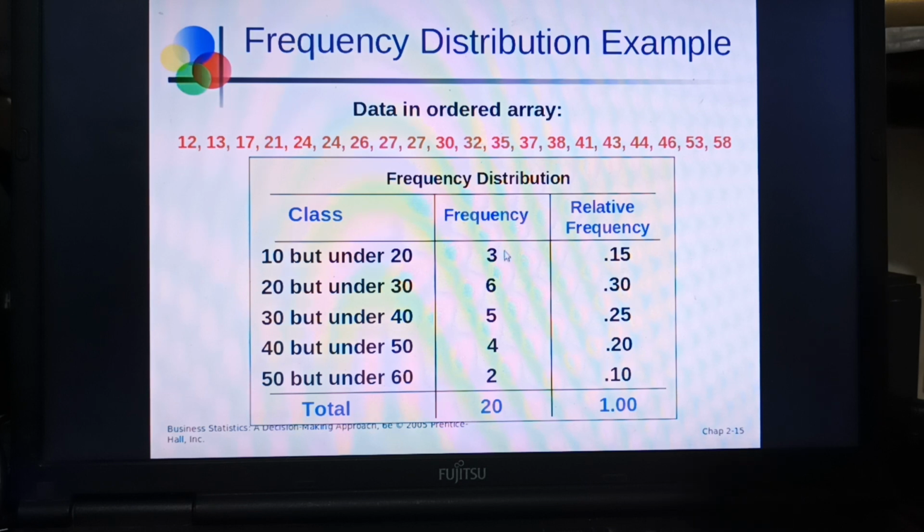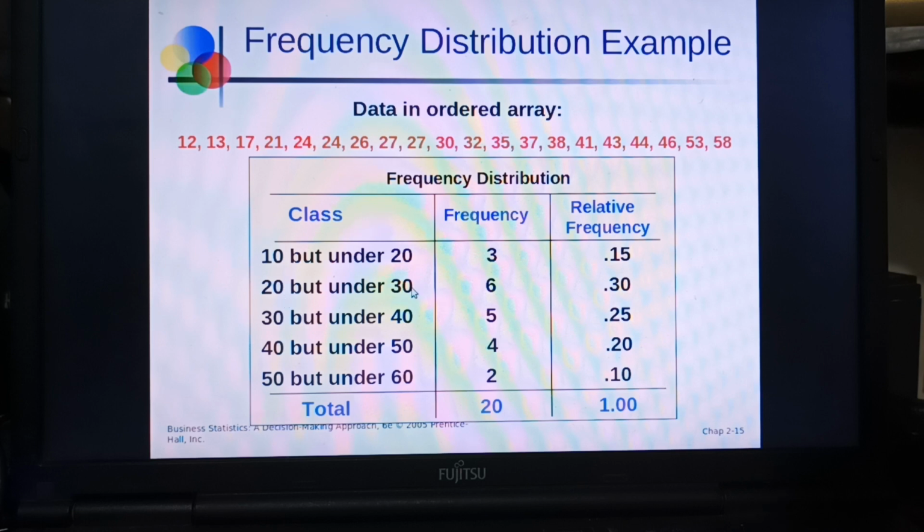Then you count how many of these data falls within this range, this class. For 10 to 20 or 19, I can count 1, 2, 3. That's here. That's why we put 3 here.